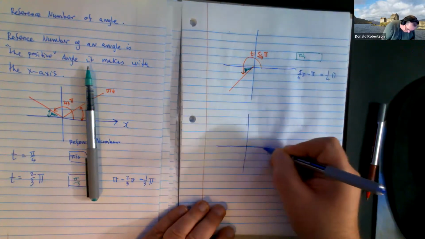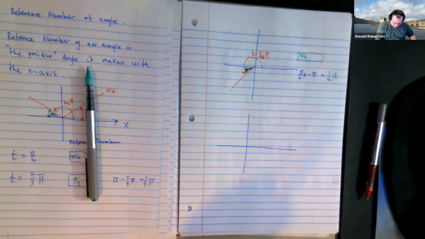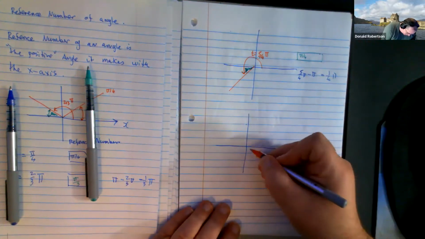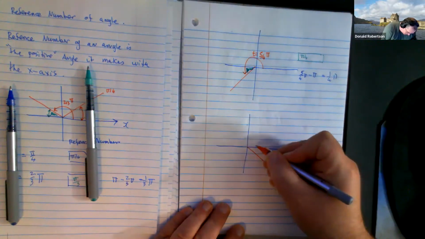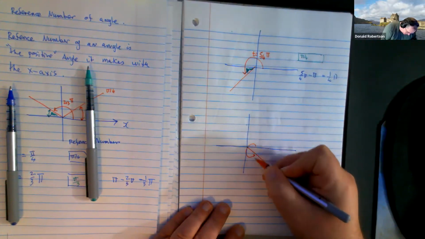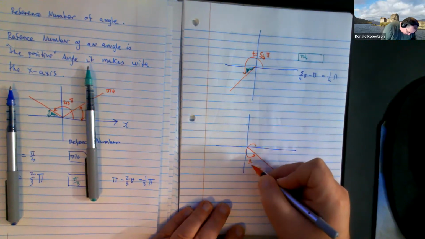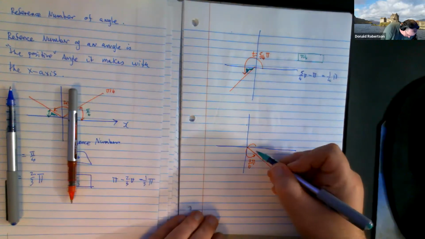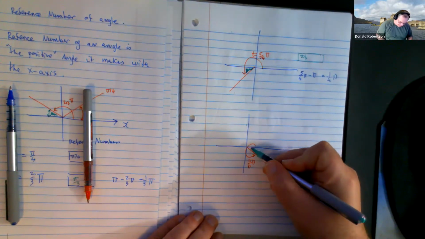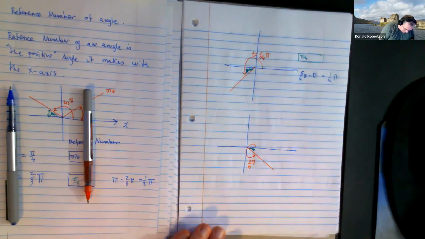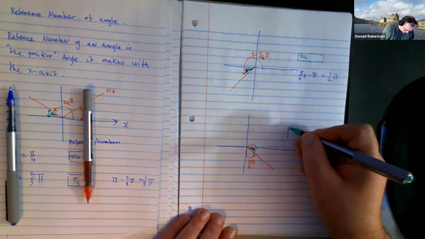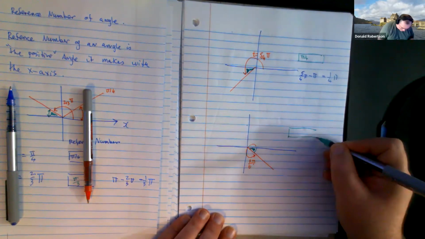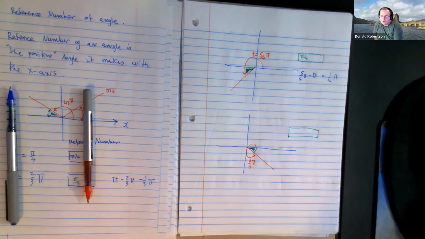Now, there's one last possibility. Couldn't the angle be in the fourth quadrant, right? So suppose I have an angle, that angle there, and it's 11/6 pi, and I want to find this guy. What is the size of the reference number, the reference angle in this last situation?